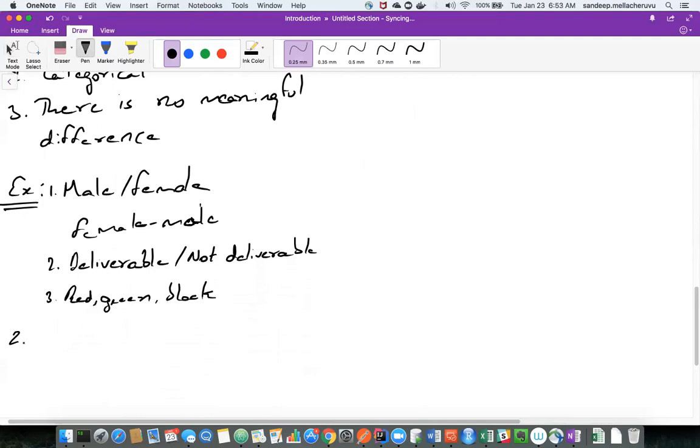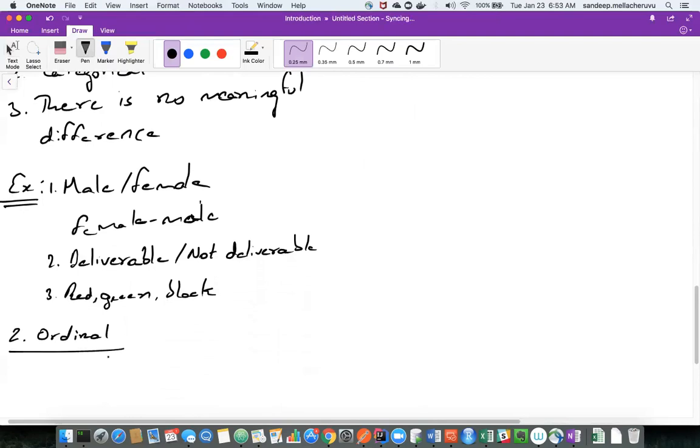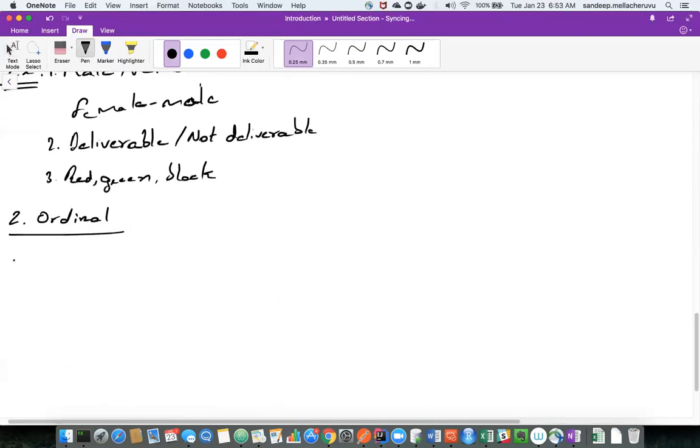So then the second one is ordinal. Now, what is ordinal? Let's see. Ordinal is more like comparison is possible. But again, there is no meaningful difference.